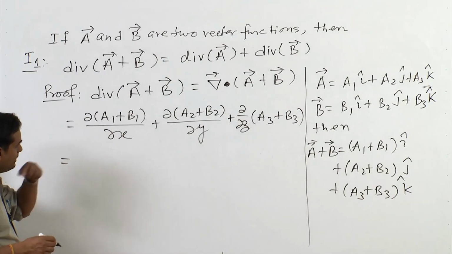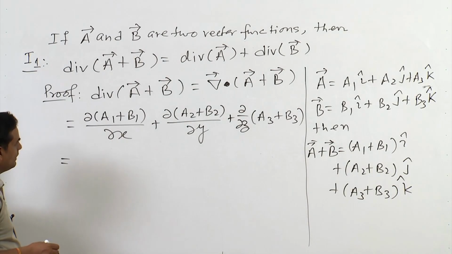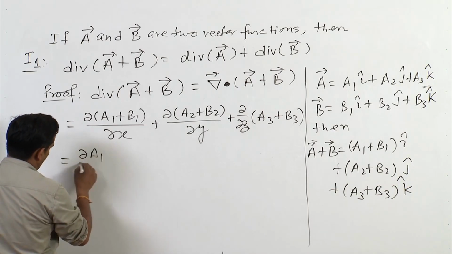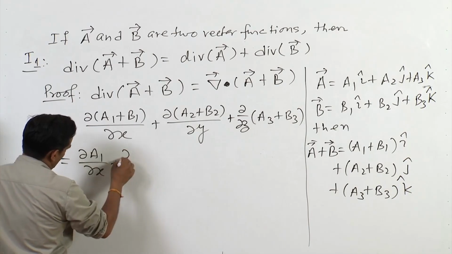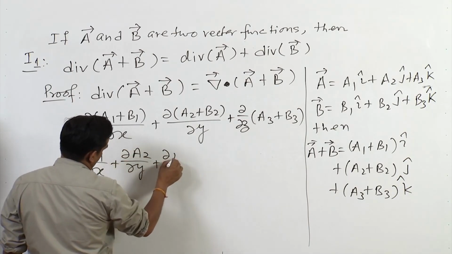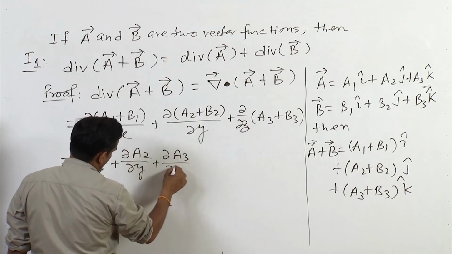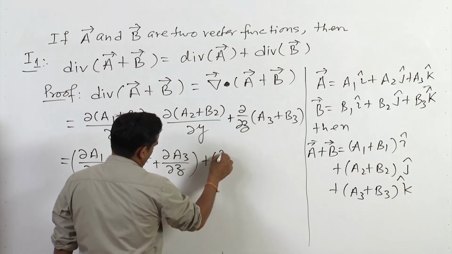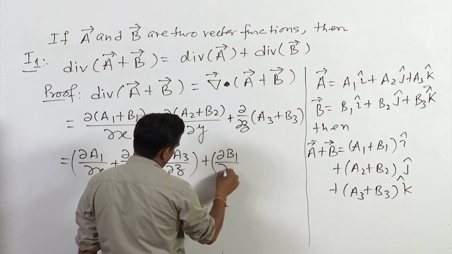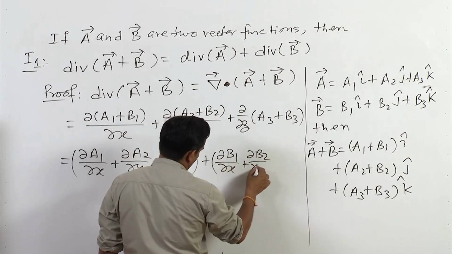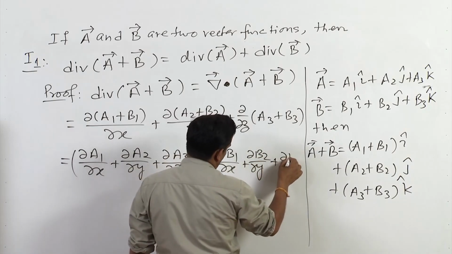Since the partial derivative operator is a linear operator, I can write del A1 over del x plus del A2 over del y plus del A3 over del z, plus del B1 over del x, del B2 over del y, plus del B3 over del z.